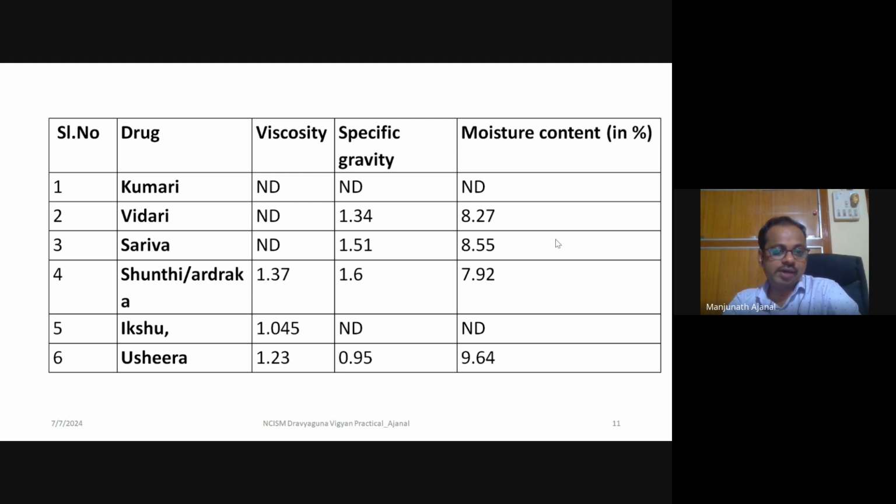The viscosity of Ardraka was 1.37, Ikshu 1.04, Ushira 1.2, and specific gravity 1.3, Vidari and Sariva 1.5, and Shunti 1.6, and Ushira 0.9. The moisture content was 8.7, Vidari and Sariva 8.5, Shunti 7.9, and Ushira 9.6. So for Jaliyatva, the viscosity will be less, and the specific gravity and moisture content will be more compared to the non-Jaliya Dravyas.